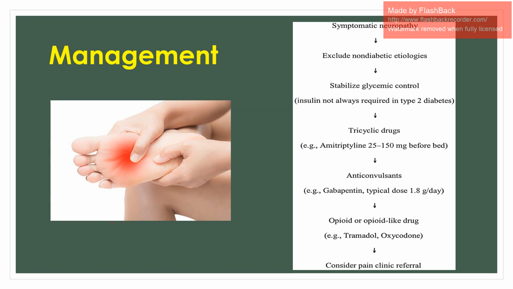Let's move forward to management. First we diagnose the diabetic neuropathy, and the main focus here is two things. Number one is glycemic control, and number two is pain management.